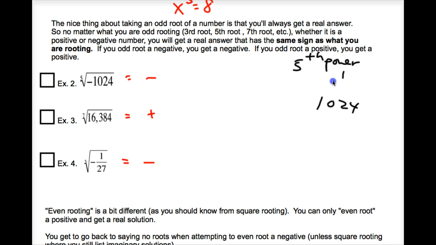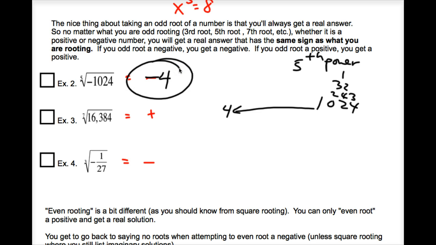It goes 1, 32, 243, and then there's 1024. 1024 is the fourth number down. That means that the fifth root of 1024 is 4. So the fifth root of negative 1024 is negative 4. That's how you use that chart. Just go to the column and then see how far down you are when you're rooting.